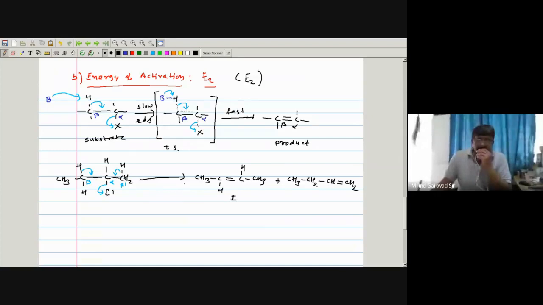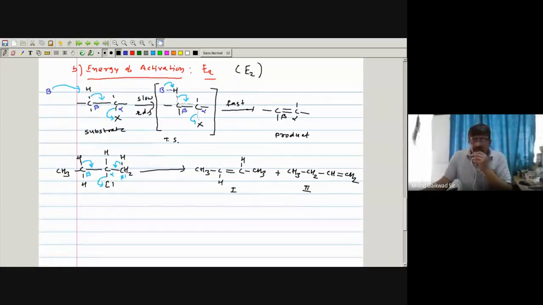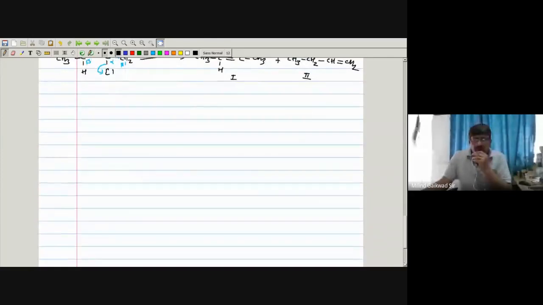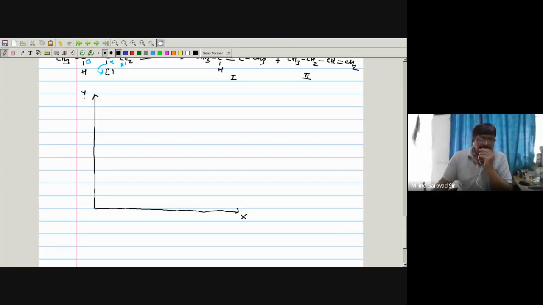Now the question arises, there is a formation of compound number 1 and compound number 2. So which has the lower energy of activation? You have to check, right? Which has the lower energy of activation. So here we can write, suppose this is your x-axis and this is your y-axis.